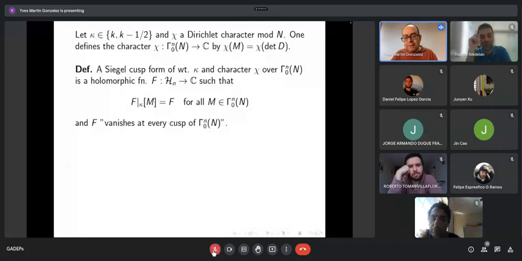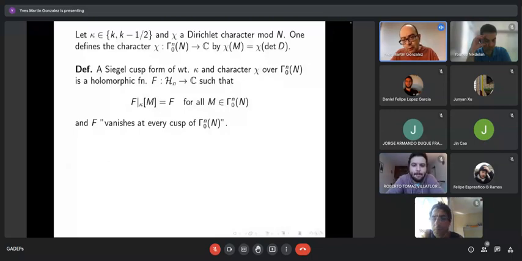I'm not going to talk about this condition. One can be very explicit about that, but we will just assume that this f that we work with has that property, because the only thing that is relevant for us in this situation is that you can write this function as a Fourier series.